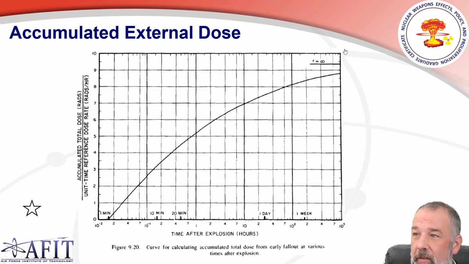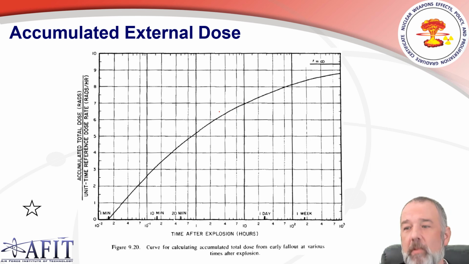So let's go back to figure 9.20. What's the figure of merit that we're looking at? Well, there are two of them, right? First of all, we're looking at 2 hours. I'm just going to mark it here.